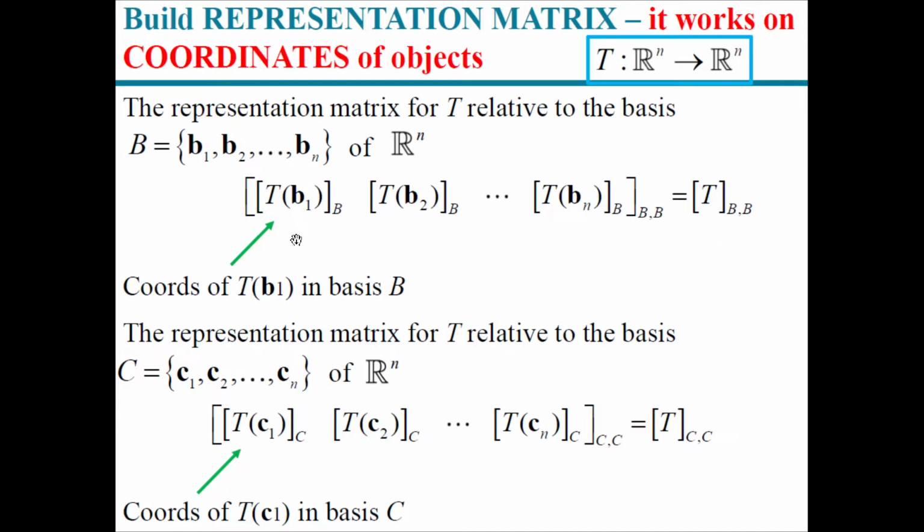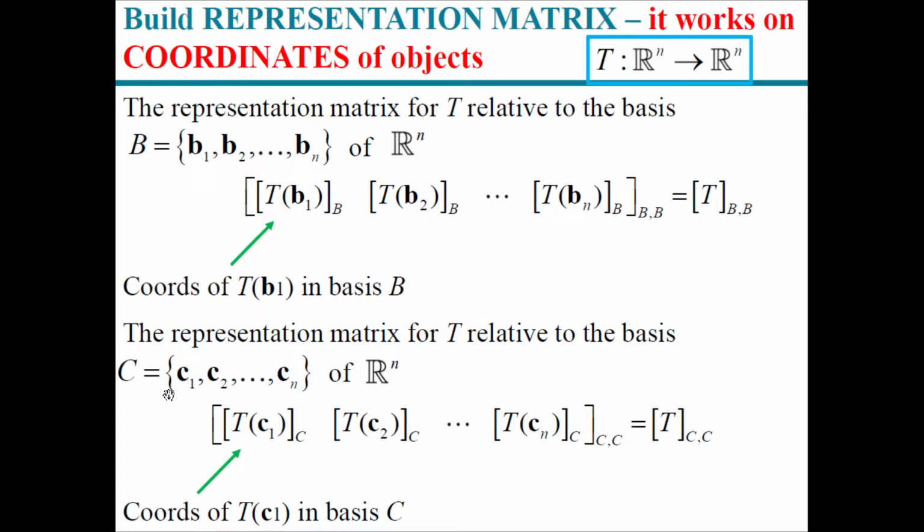We take each of these basis vectors and apply T to each of them, so T of B1, T of B2, up to T of Bn, and then we need to find the coordinates of those vectors. So the coordinates of T of B1 in basis B, and then we put that result in the first column. And then for the second column, we need to find the coordinates of T of B2 in basis B. So there's work to do before we build this.